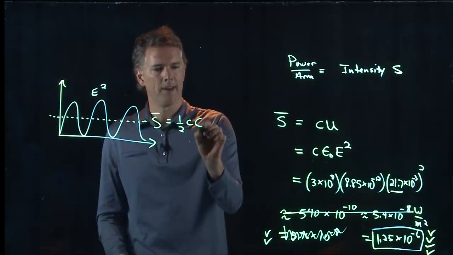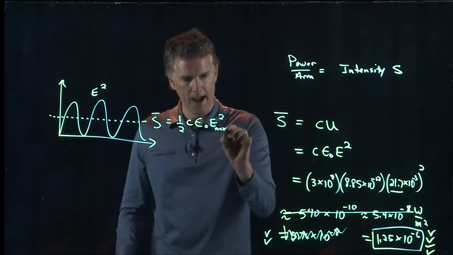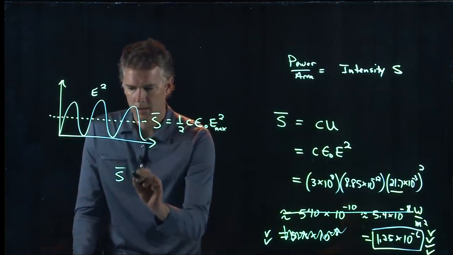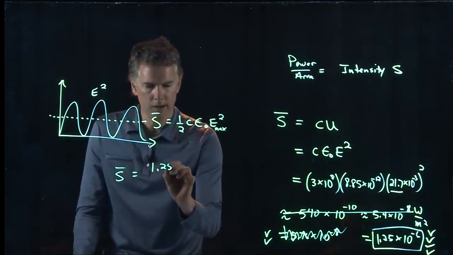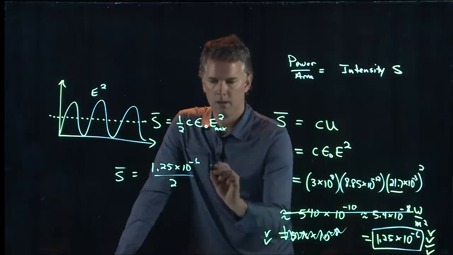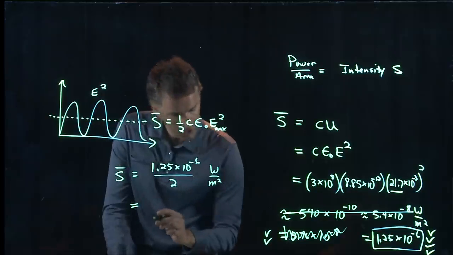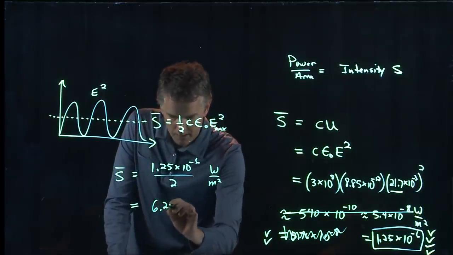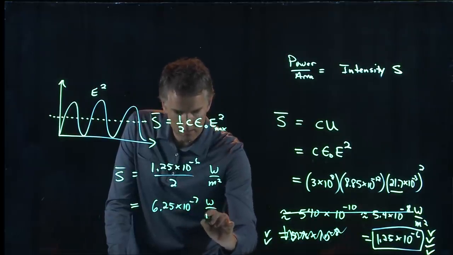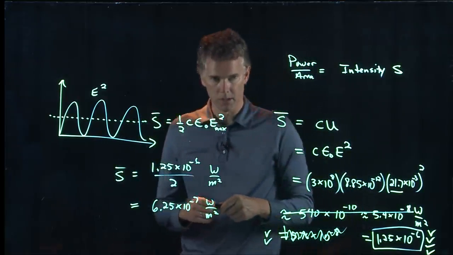So it's going to be 1/2 C epsilon E squared if this was the maximum value, okay, which is what we put in there. So what's the answer to our question? It is going to be 1.25 times 10 to the minus 6 divided by 2 watts per square meter. And if you divide that by 2, you should get 6.25 times 10 to the minus 7. Okay, and I plugged that in on my mastering, and it told me I was indeed correct.